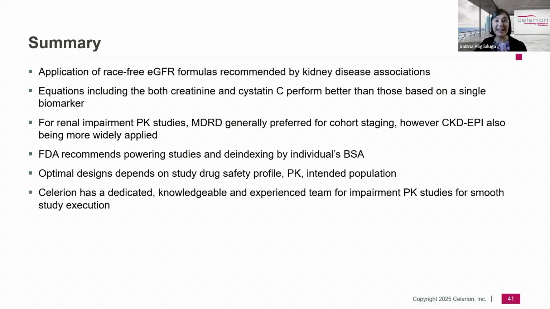However, the CKD-EPI formula is also gaining in popularity. And it'll be interesting to see the uptake of this combined formula as the industry progresses. And the FDA also recommends to power these studies and de-index by the individual's body surface area.